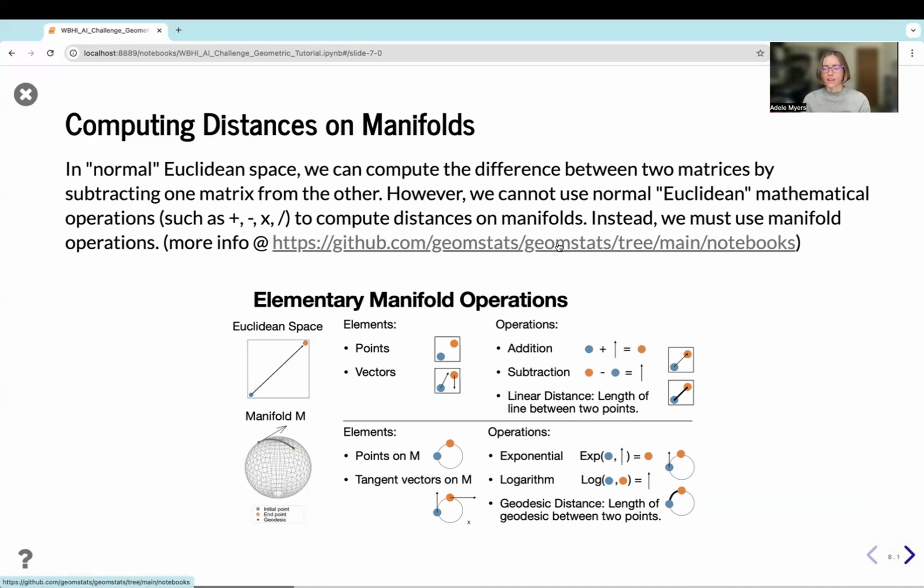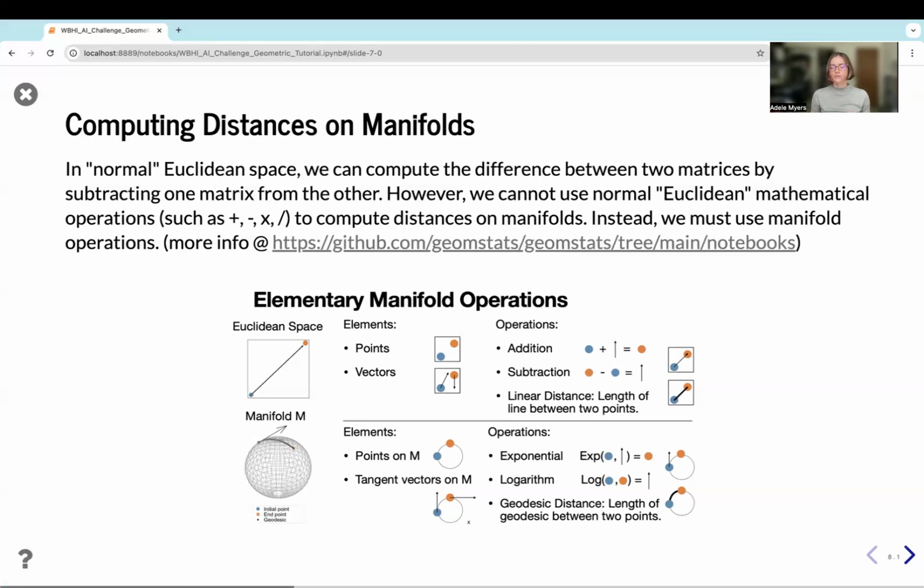Geomstats is a software package used to compute statistics on manifolds, and this tutorial is meant for complete beginners. So in normal Euclidean space, we can compute the difference between two matrices by subtracting one matrix from the other. However, we cannot use normal Euclidean mathematical operations, such as addition, subtraction, multiplication, division, to compute distances on manifolds. Instead, we must use manifold operations.